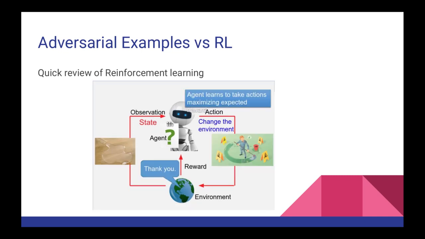If it's a good action, the agent assigns a higher value to the action taken in that state. And that's how it comes up with a policy of how to act in different circumstances.